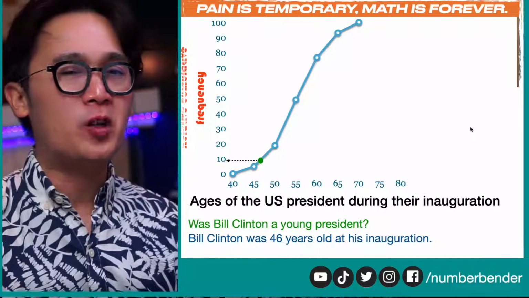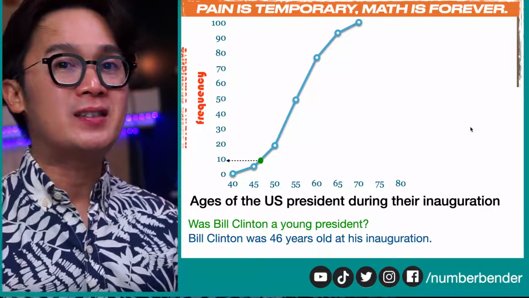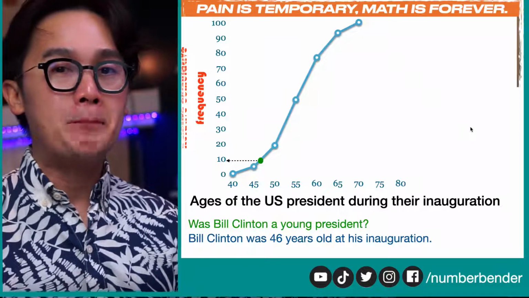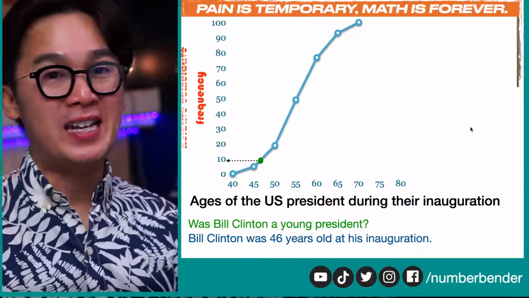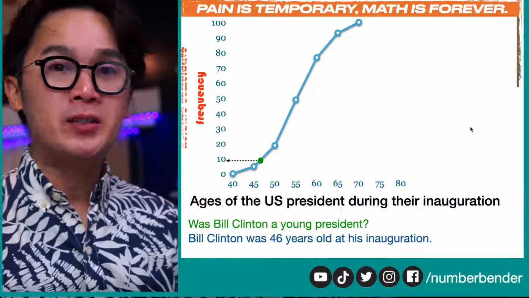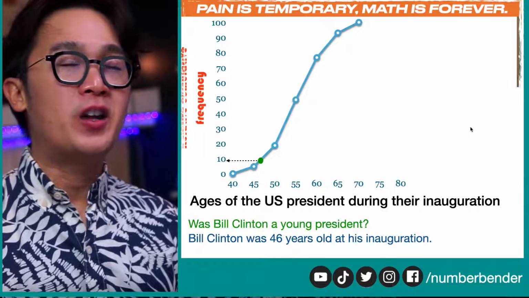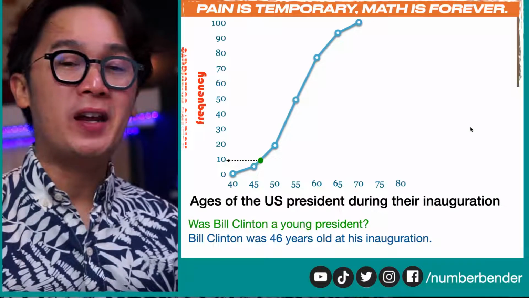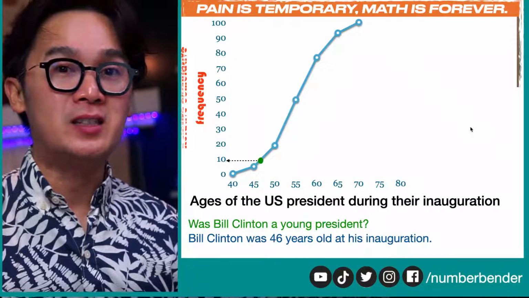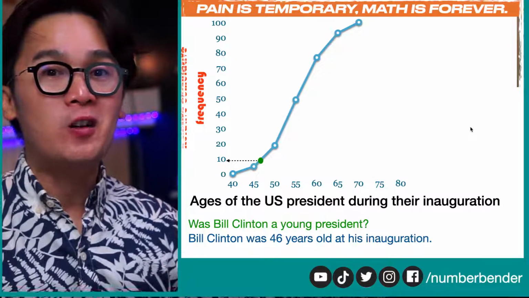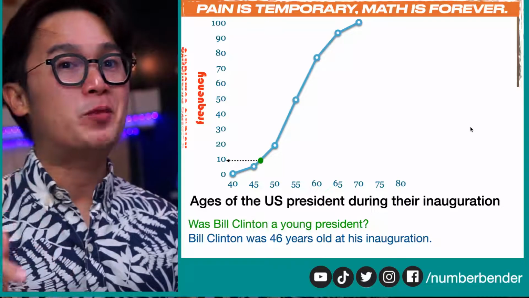So that means if we're going to interpret his ranking according to age in his inauguration, Bill Clinton is at the 10th percentile, which means 10% of the US presidents are younger or the same age as Bill Clinton during the inauguration. Or we can also look at it from a different perspective.